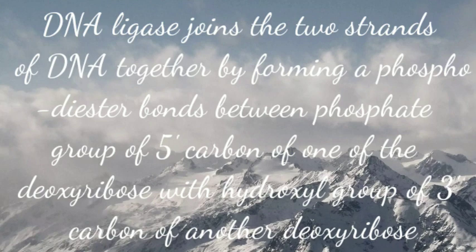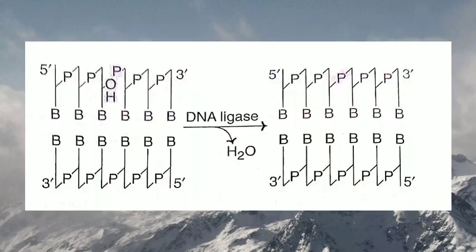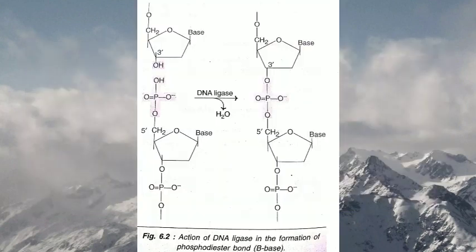The DNA ligase joins the 2 strands of the DNA together by forming phosphodiester bonds between the phosphate group of the 5' carbon of one deoxyribose and the hydroxyl group of the 3' carbon of another deoxyribose. This is the diagrammatic representation of how the phosphodiester bond is formed.